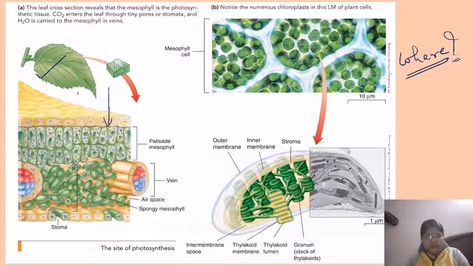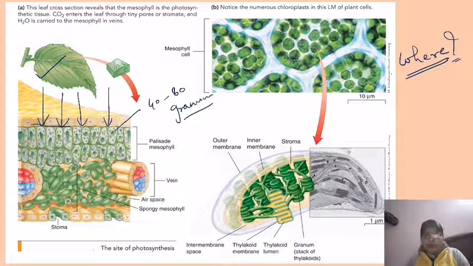Just observe that light is falling on them directly, perpendicular to them, and they are receiving the light. Around one cell has got around 40 to 80 grana.